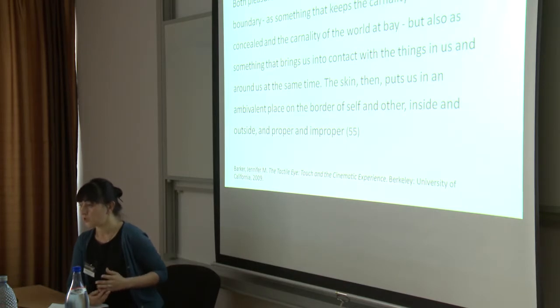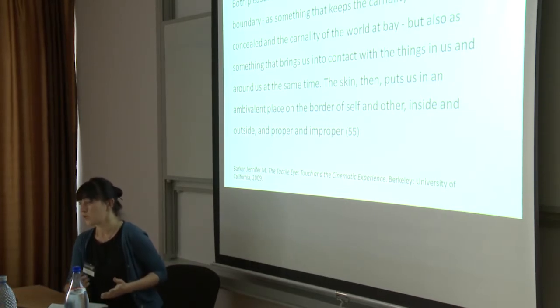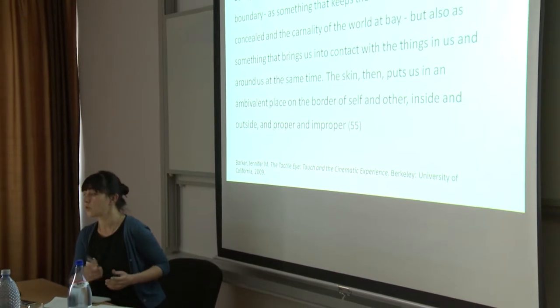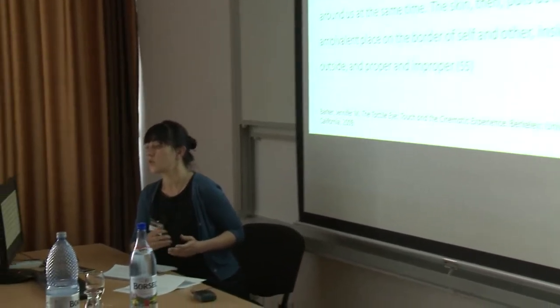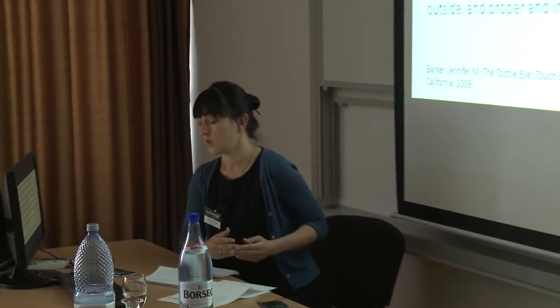And according to Jennifer Barker, both pleasure and horror arise from the skin's function as boundary, as something that keeps the carnality within us concealed and the carnality of the world at bay, but also as something that brings us into contact with the things in us and around us at the same time. The skin, then, puts us in an ambivalent place on the border of self and other, inside and outside, and proper and improper.